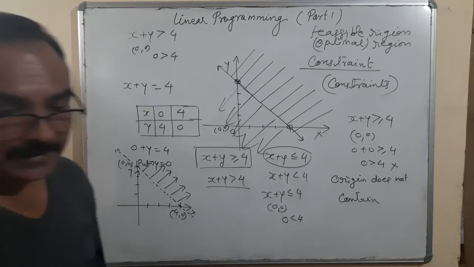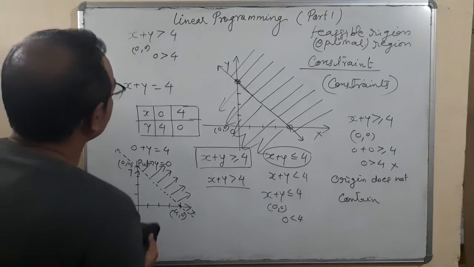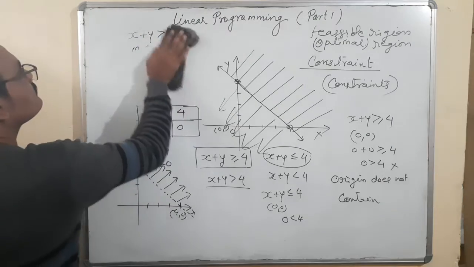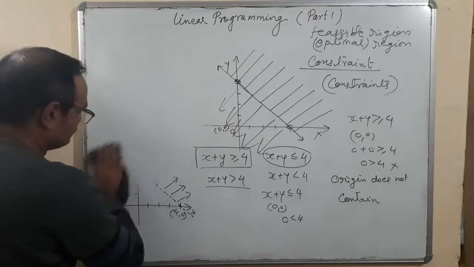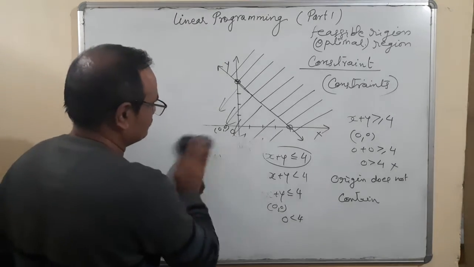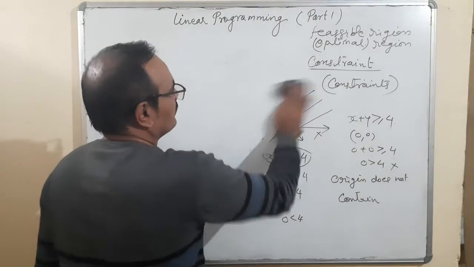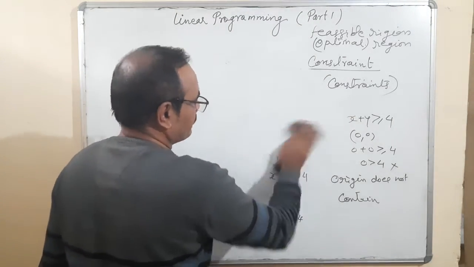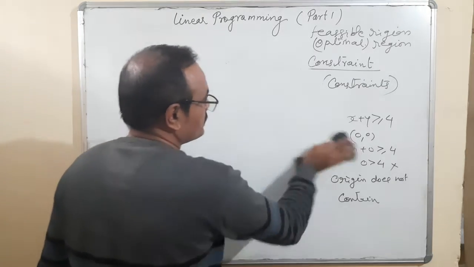Now we are starting Exercise 12.1. Some system of constraints is given.